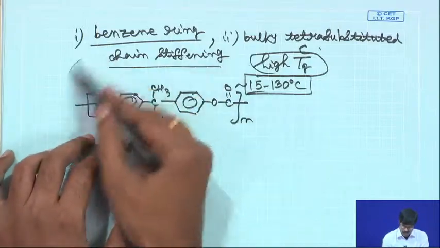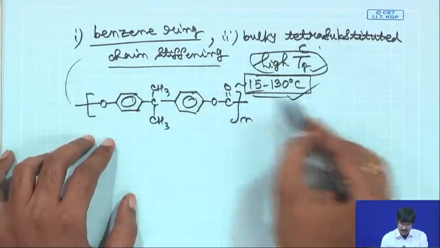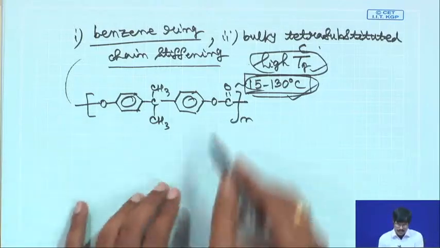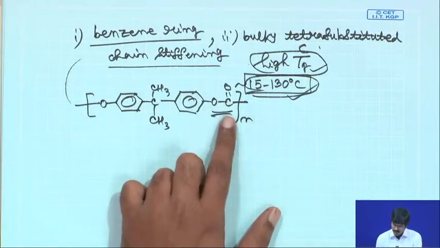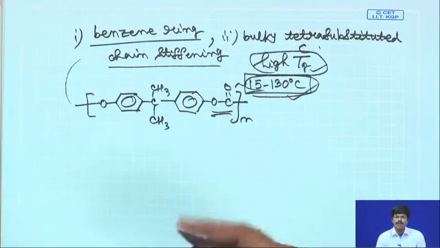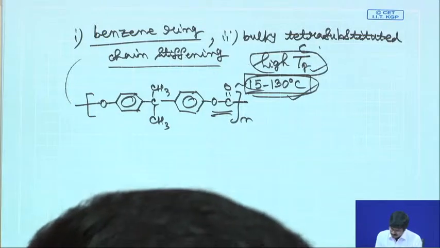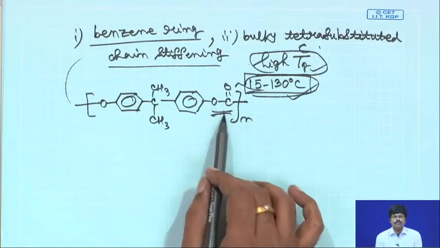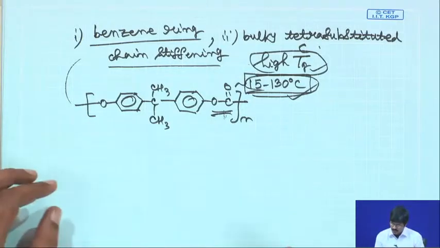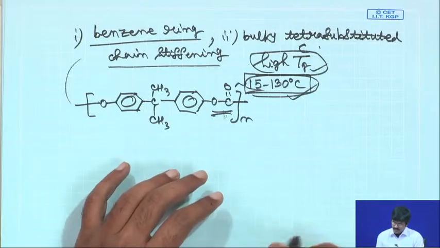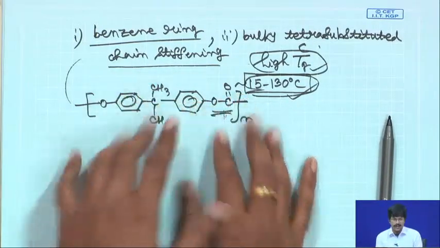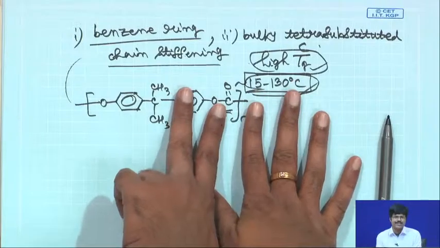Now, we already explained why it will have high Tg, and this is the range of temperature in which the property is preserved. One more thing I would like to tell you here is that this carbonate can, of course, be hydrolyzed. This is an ester group, but compared to typical polyester materials, these are shielded from hydrolysis somewhat more. They are more resistant to hydrolysis, because these carbonate groups are shielded by hydrophobic aromatic units on both sides.